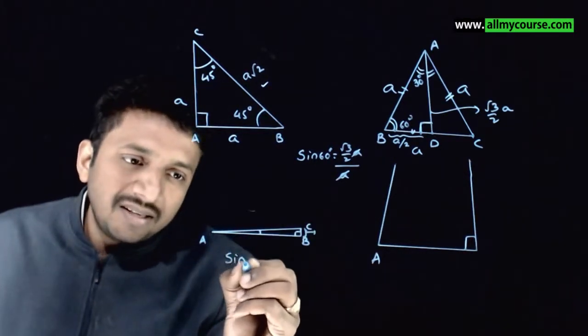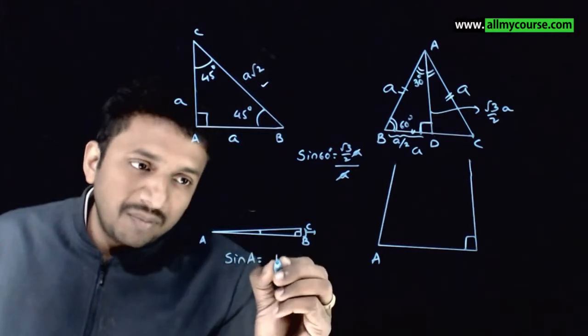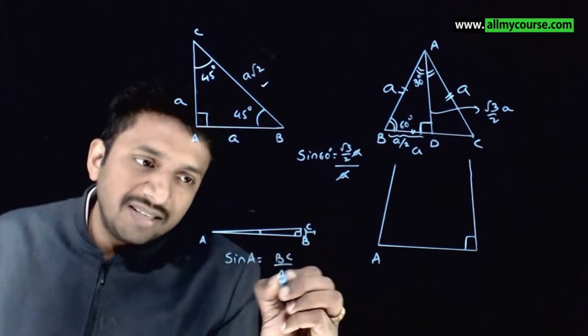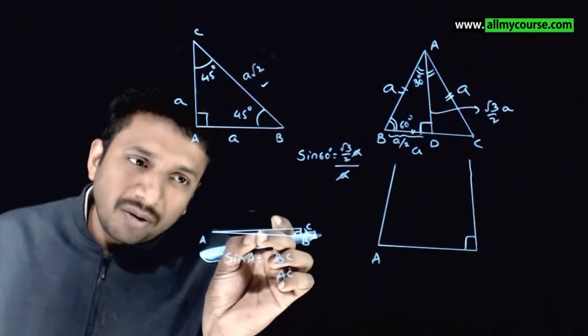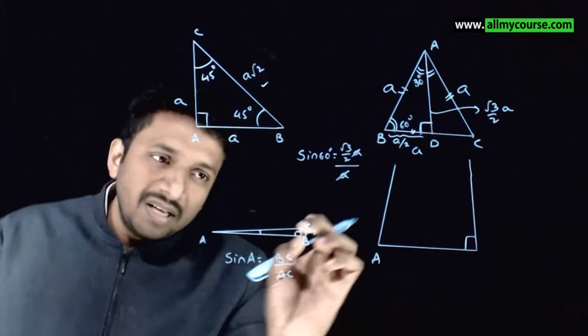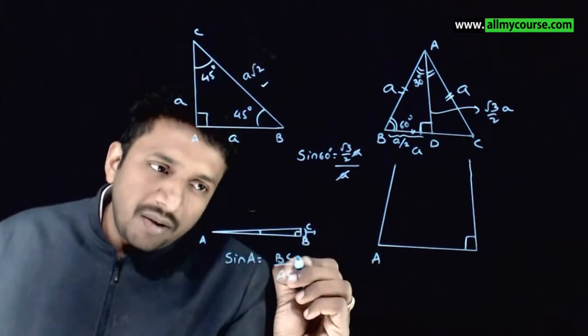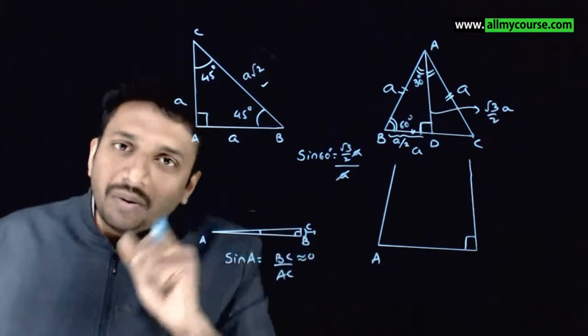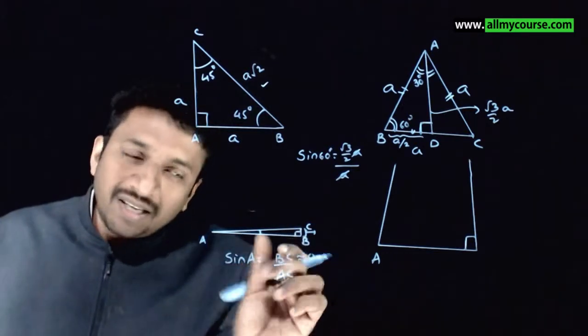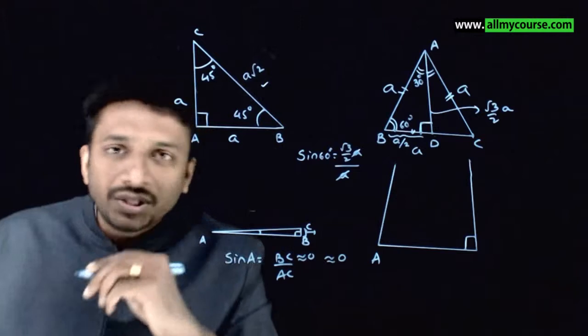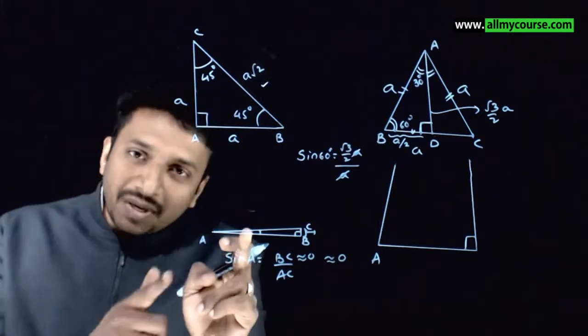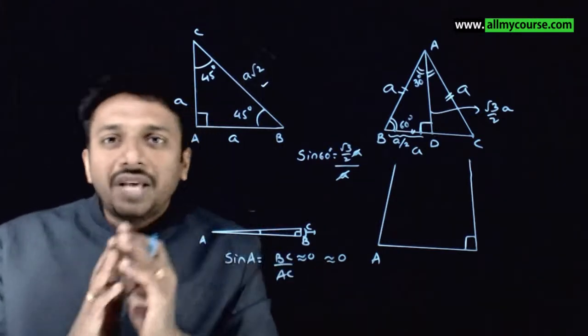Sine A, which is sine 0, is BC by AC. As this angle goes closer and closer to 0, BC becomes very, very close to 0 with respect to AC. So BC by AC goes closer and closer to 0. In the limiting case, when A is equal to 0, the value of sine becomes 0.